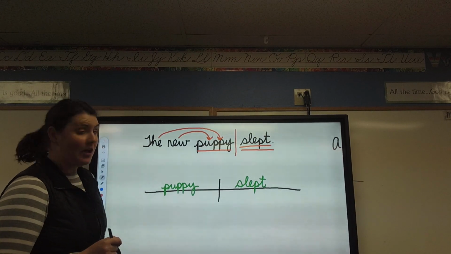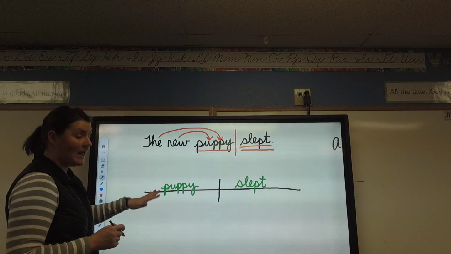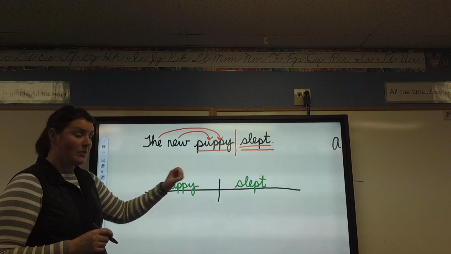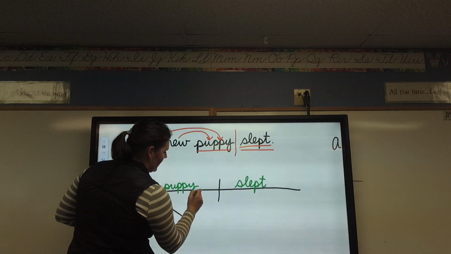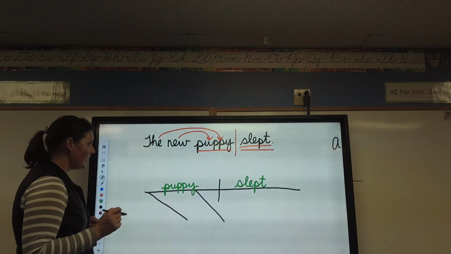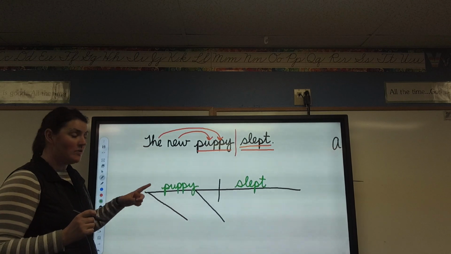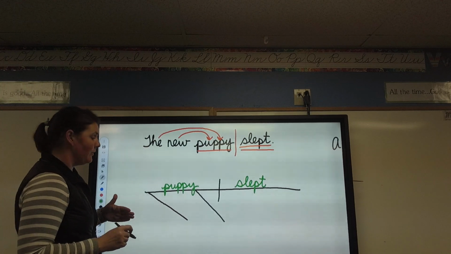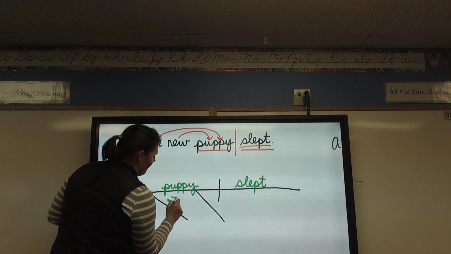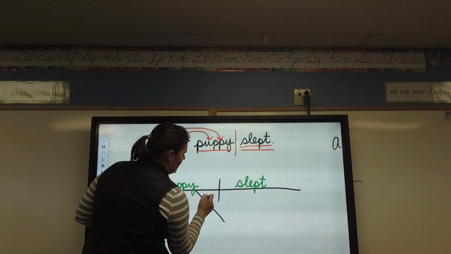Well, we're going to make what we call parking spaces. Coming off the noun side, because it's describing the noun, not the verb, we're going to put in parking spaces, and both of those are showing that it's describing the noun. Order matters, just like before. So which puppy? The puppy. What kind of puppy?